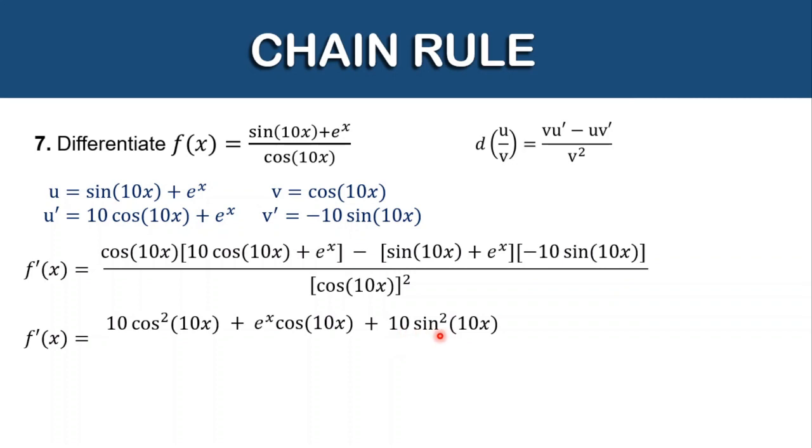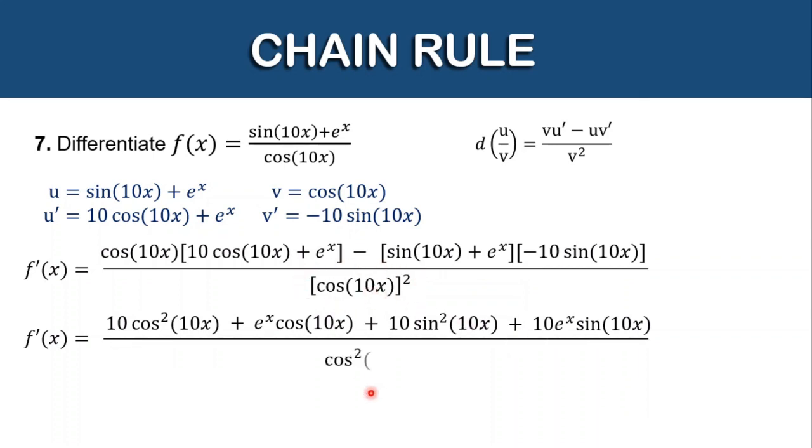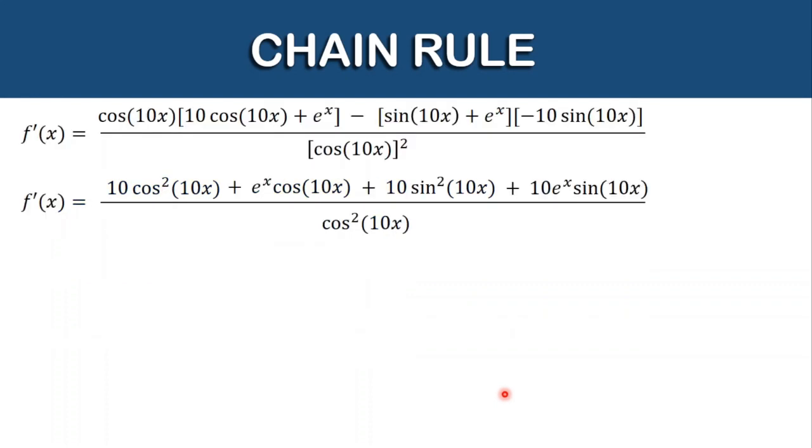So, positive 10 sine squared 10x. And negative 10 sine 10x times e raised to x is equivalent to 10 e raised to x sine 10x. So, still positive siya, kasi negative times negative is positive. All over, ito pwede naman natin siyang isulat as cosine squared 10x. So, ilagay natin sa next slide itong ating nakuhang computations.